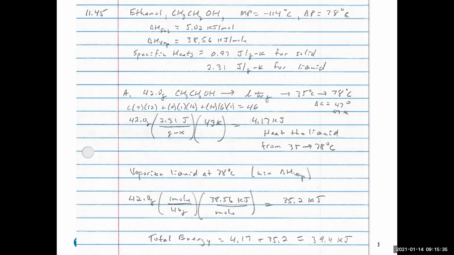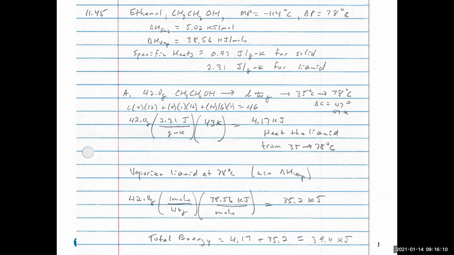That's that 46 value to change the grams to moles, and then multiply that times the 38.56 kilojoules per mole. So what we get is this first value here at 4.17, and then we get 35.2. We add those together to get our total energy value. So we had a couple steps to do. Any questions on that?